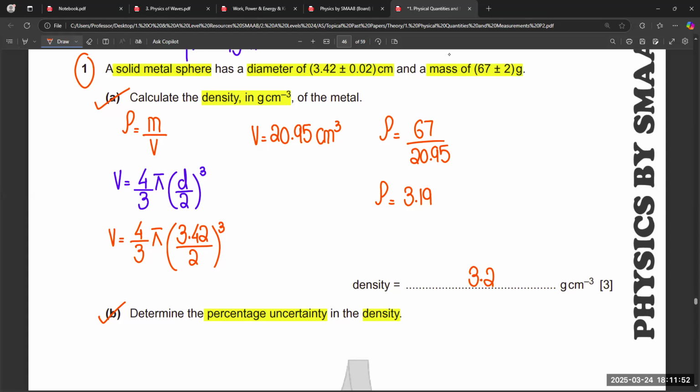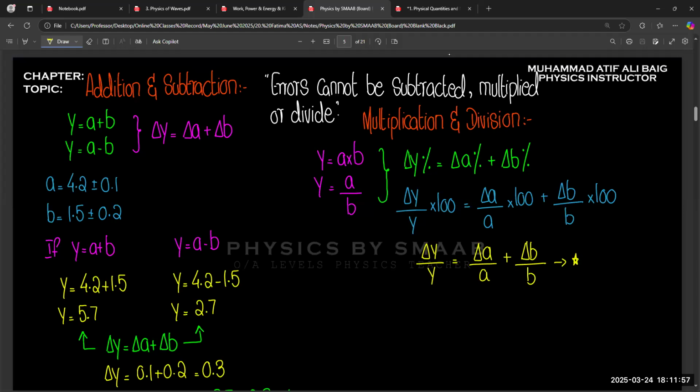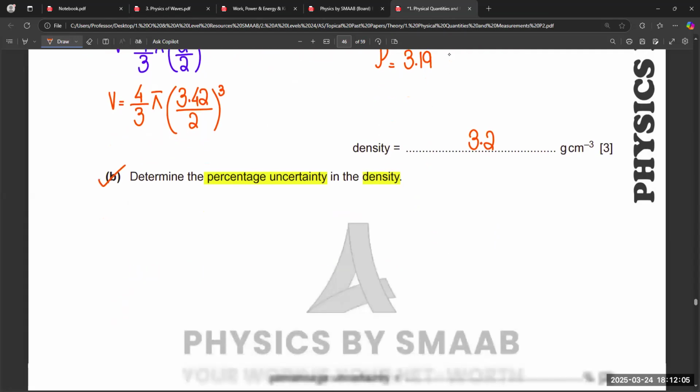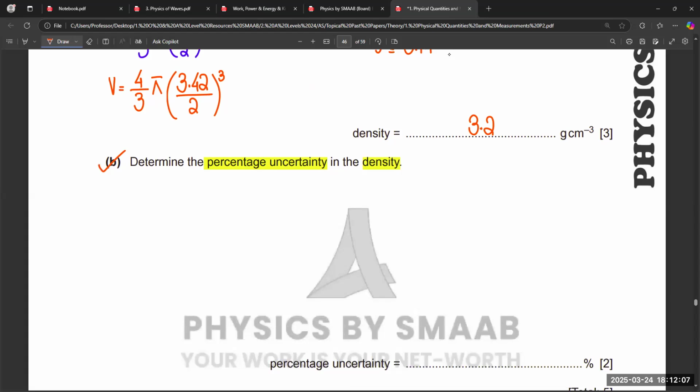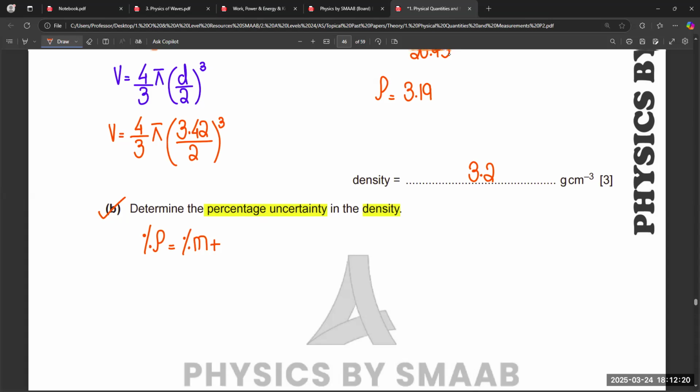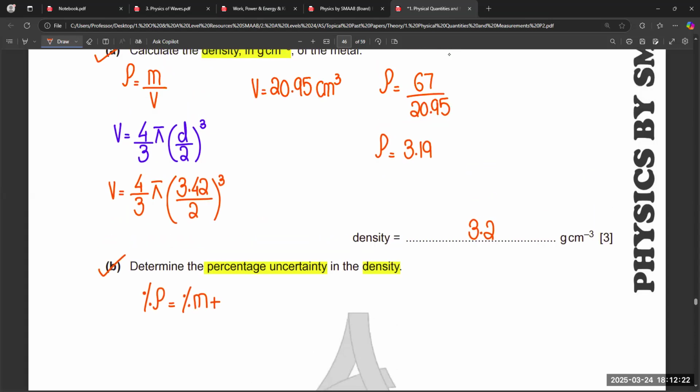And in the division idea, as we already discussed, we find uncertainty by using the percentage uncertainty idea or the absolute uncertainty idea. In the question, it is clearly written percentage uncertainty. So percentage uncertainty in density is equal to percentage uncertainty of mass plus one more thing, volume.